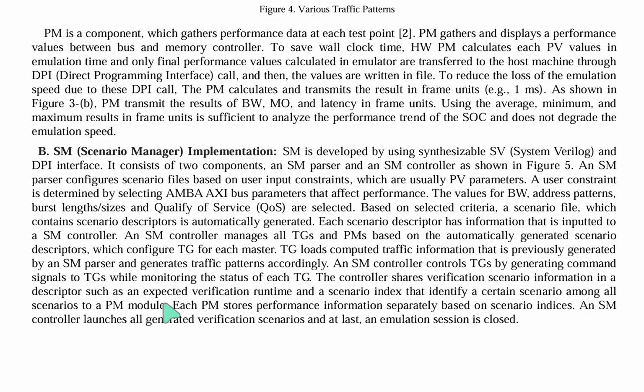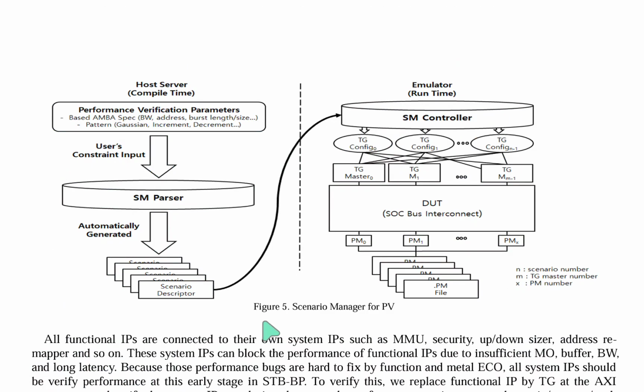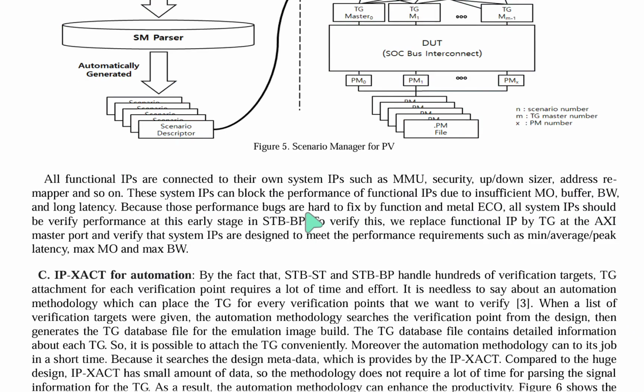Each PM stores performance information separately based on the scenario index. The SM controller launches all generated verification scenarios, and lastly, the emulation session is closed. Figure 5 is the scenario manager for PV.